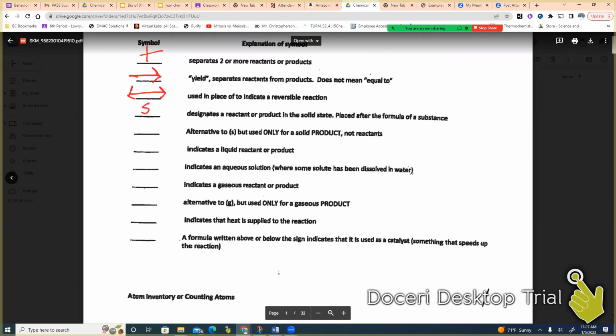If you have S in parentheses and it's a small s, so like let's say we produce sodium chloride, it would have parentheses with a small s behind it. That means that that compound, that element is in the solid state. You can also have an arrow going down, which represents a solid, but only if it's on the product side. That means that you would have had a precipitate.